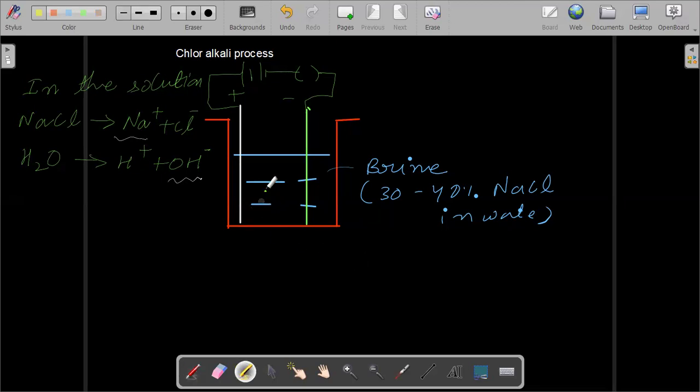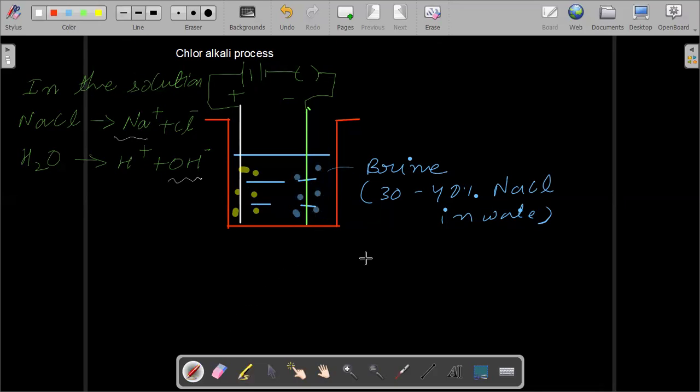For example, all the chloride ions will be moving toward the positive electrode, whereas the H plus ions are positively charged, so they will be attracted towards the negative plate.